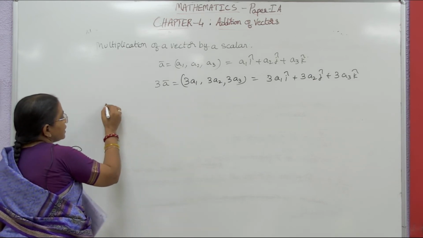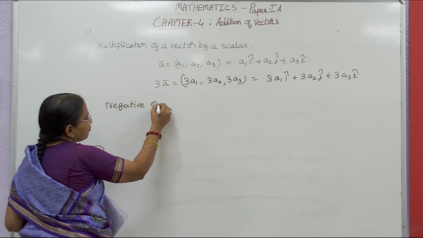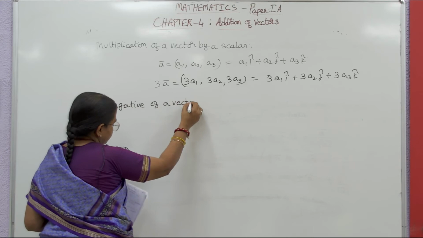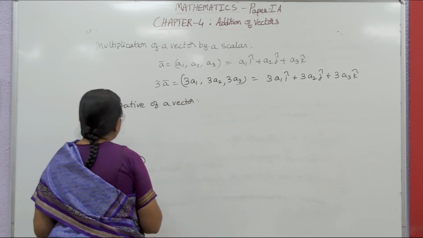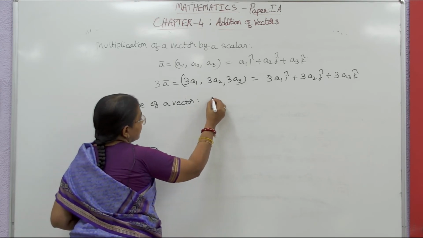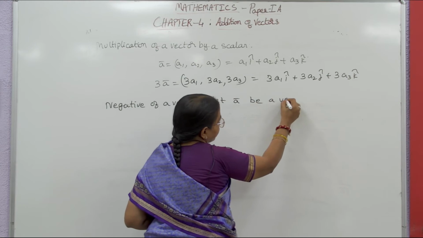Next is the negative of a vector. What is the negative of a vector? Let A be a vector.